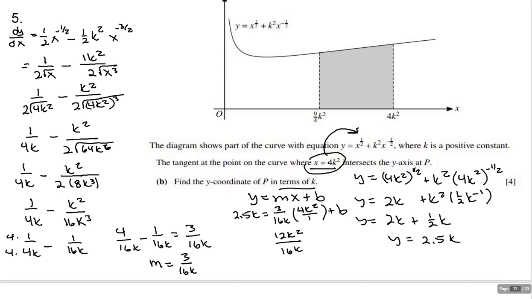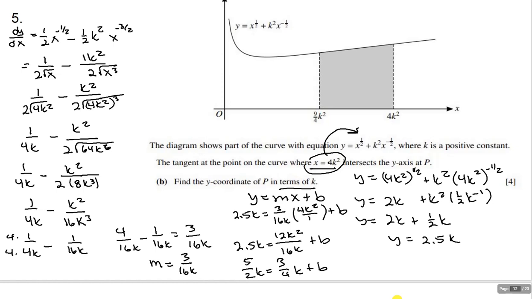And this is still 2.5k equals, plus b. If I divide this, 12 divided by 16 is 3/4, and k squared divided by k is k. So that's going to be 3/4 k equals 5/2 k plus b. So basically b is going to be 5/2 k minus 3/4 k.